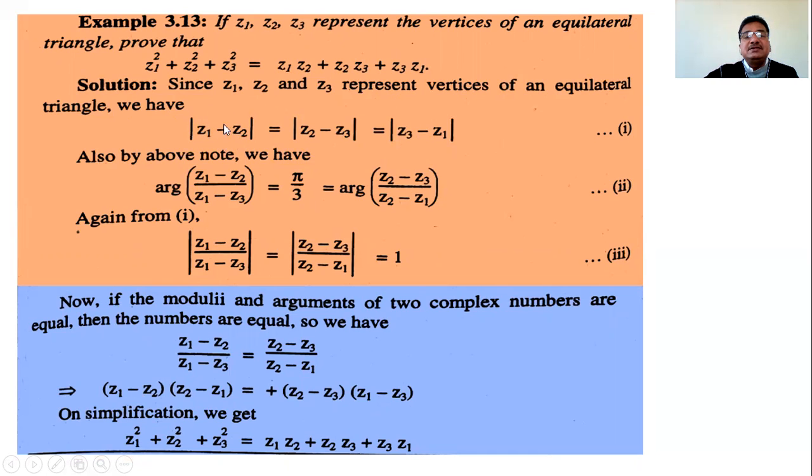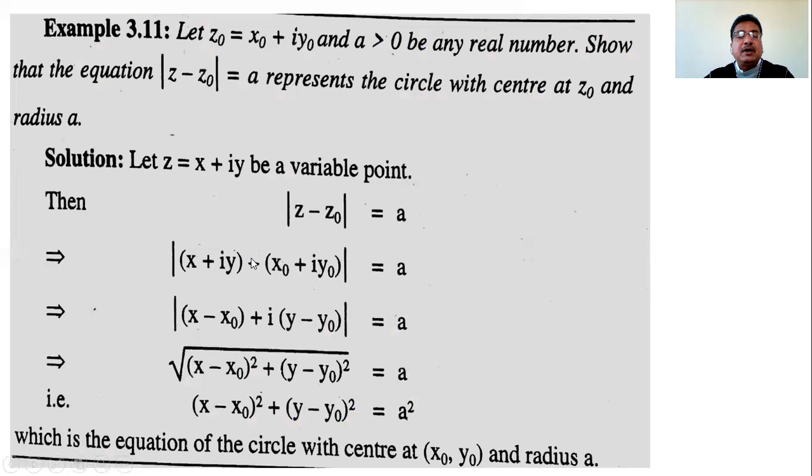So mod Z1 minus Z2 is actually the distance between Z1 and Z2, because if you take Z1 as x1 plus iy1 and Z2 as x2 plus iy2, then Z1 minus Z2 is this. If we observe here, suppose I take Z as x plus yi and Z0 as x0 plus iy0, then this is the simplification, a real part and an imaginary part.